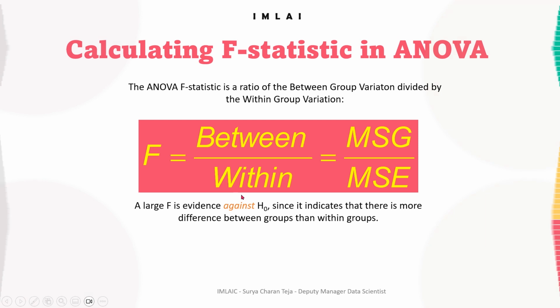So we reject the null hypothesis because it's clearly saying those are not the same. If the F statistic is large, that means the mean square group is larger. When that is larger, it's clearly telling us each group is not the same. There is a difference between the groups. That's what the F statistic does.